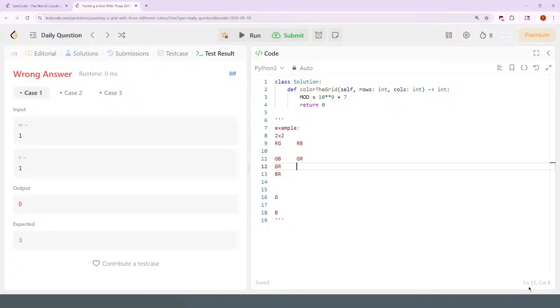Green, red. It can't be green, green. It can't be red. So I think green is the only one there. So this could be blue, green here, or blue, red. So if red is the top right corner, I think there's 8 ways.